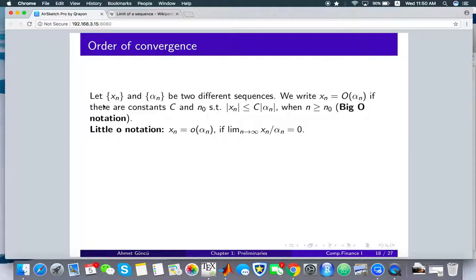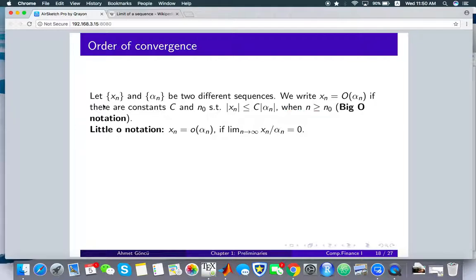Another thing before we conclude this part is the order of convergence. So if we have sequences x_n and alpha_n, two different sequences, basically we write x_n is big O of alpha_n if there are constants c and n_0, such that x_n, our first sequence, can always be bounded by the second sequence times an arbitrarily large constant c when n is greater than or equal to this n_0.